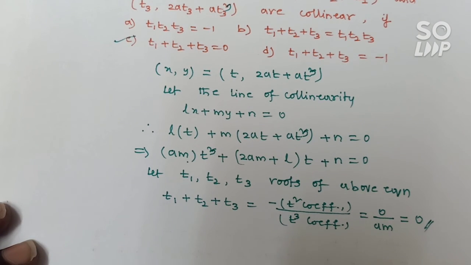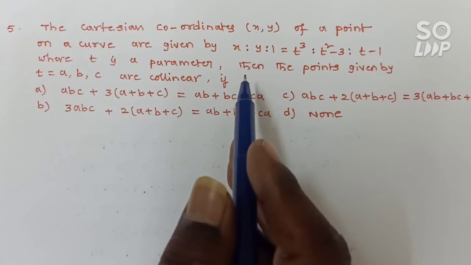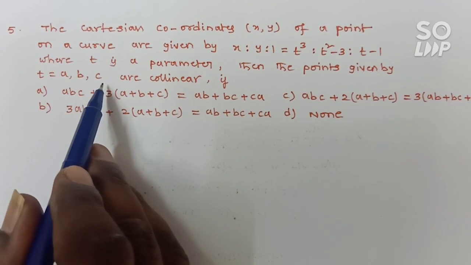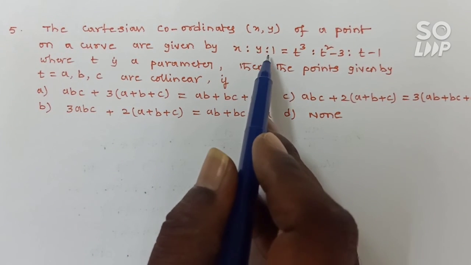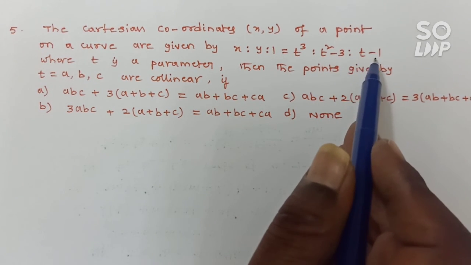So you see another question. Say this is the same model problem. So here, instead of t1, t2, t3, a, b, c are given. So what is that? x is to y is to 1, t cube is to t square minus 3 is to t minus 1.